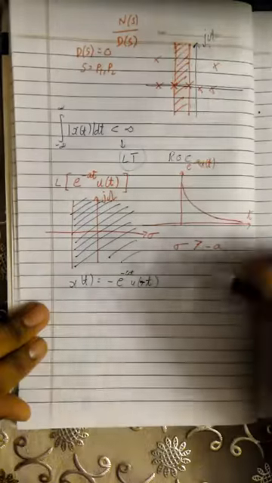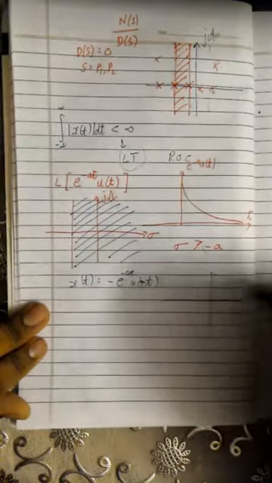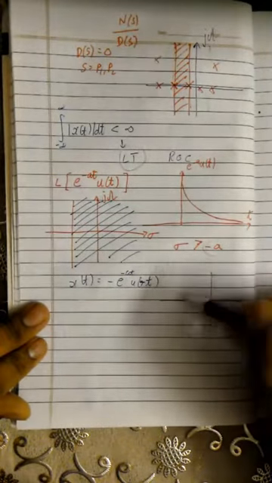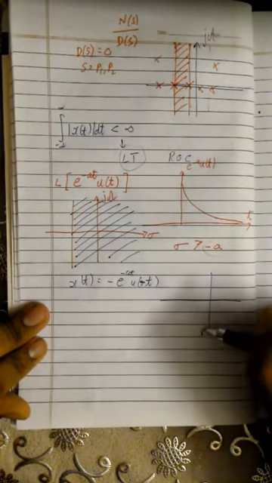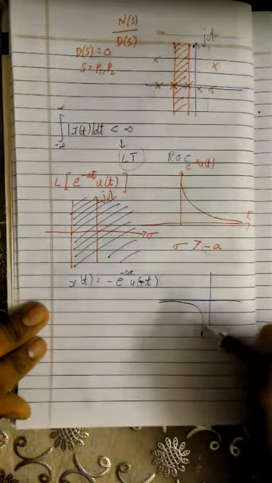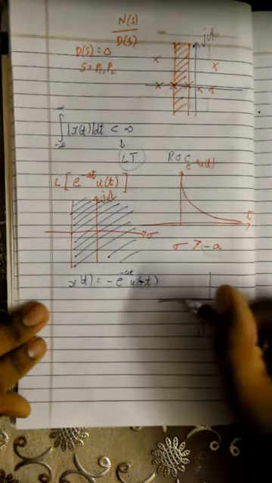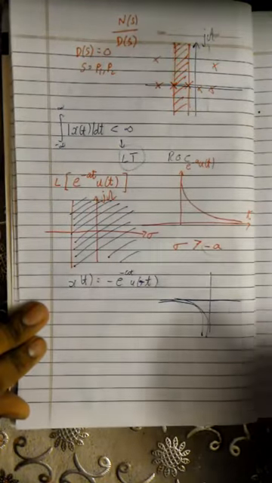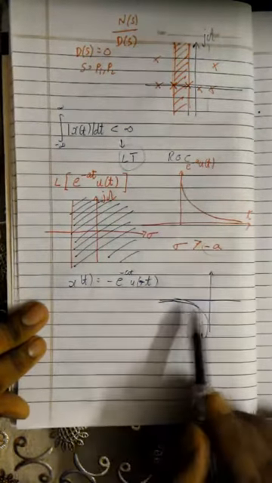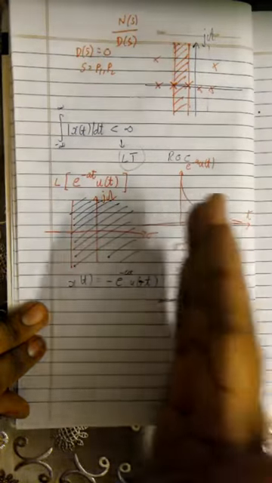If you look at the graph of this, it looks somewhat like this. There's a minus sign over here, so whatever graph you get over here will be opposite. So because of the minus, the amplitude becomes negative. You see, the amplitude is negative, so this is the graph you get. Here in this problem, this is a left-sided graph. You see, the graph is entirely on the left side.